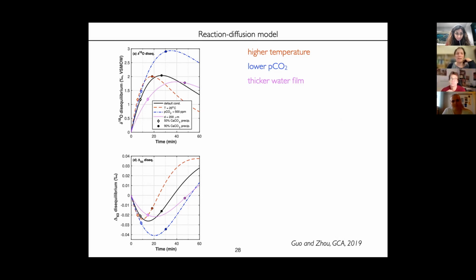But basically, what is great is that they were able to show how these disequilibrium effects evolve over time in such a system where you start degassing CO2 and then exchanging in the DIC system. The different colors here just mean that they change the conditions a little bit, but you basically see this evolution of the disequilibrium effect over time that then has a peak and then subsides again.